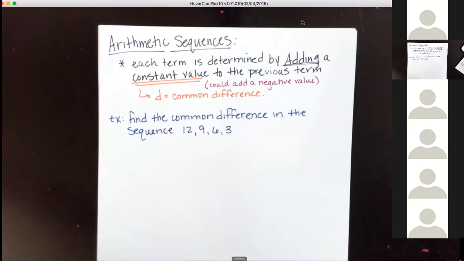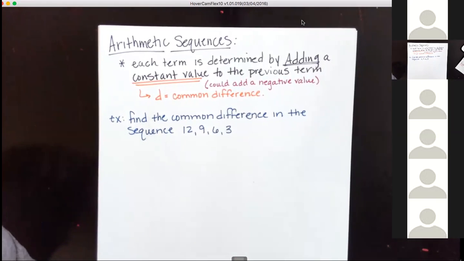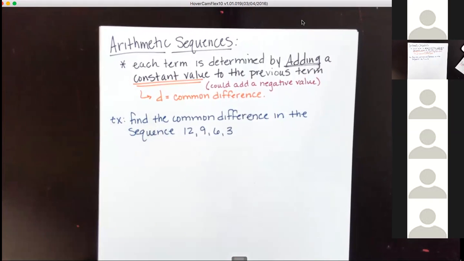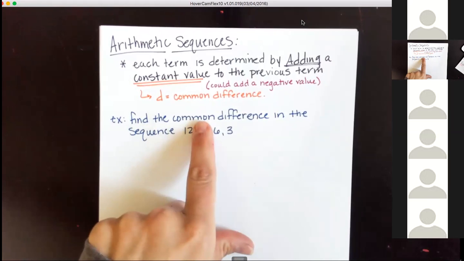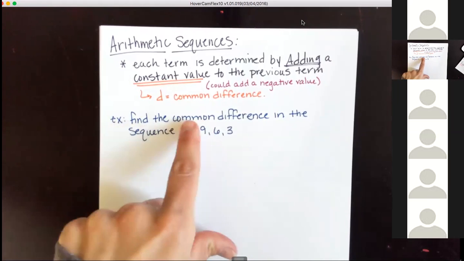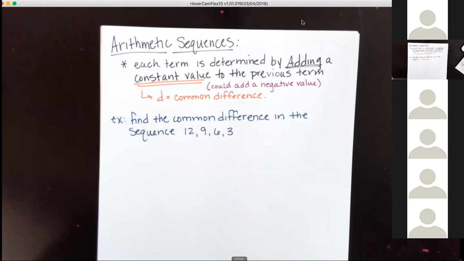There isn't this common addition or this common subtraction. So because there's two different kinds of sequences, they won't tell you if it's arithmetic, meaning we're going to add stuff, or if it's geometric. Sometimes they'll just give you these terms that tell you which one you're using. So because it says find the common difference, you know that we're going to have this addition between the terms.